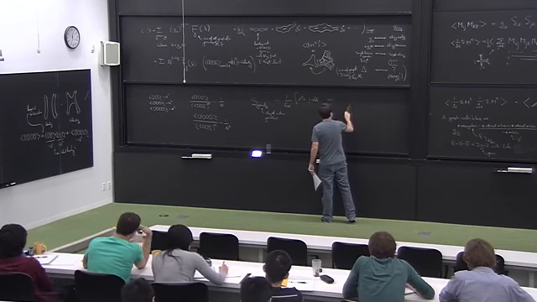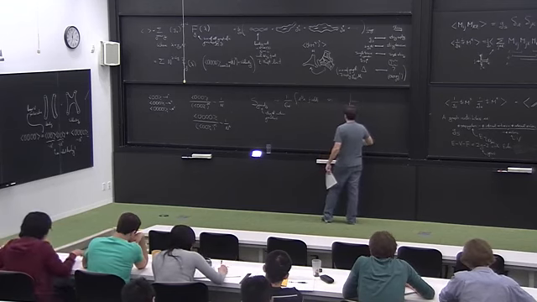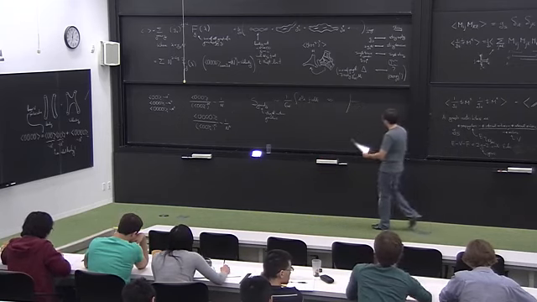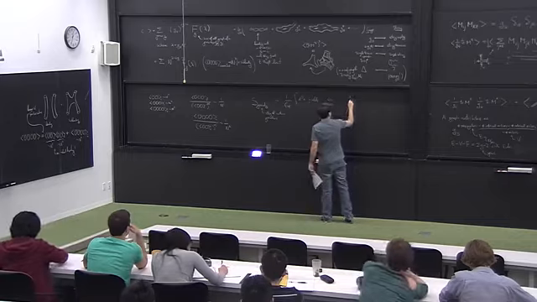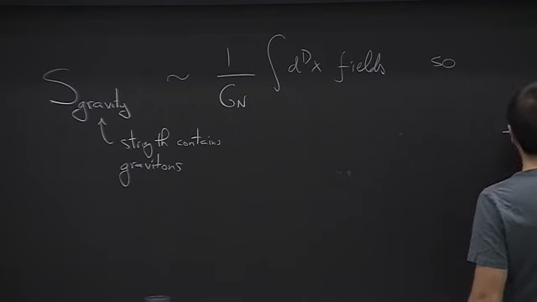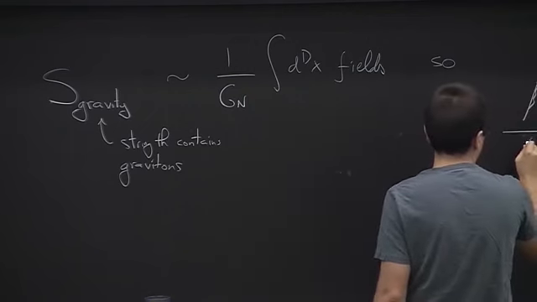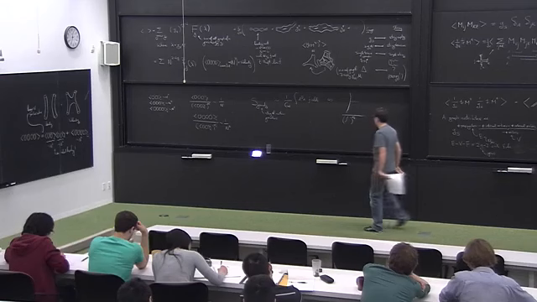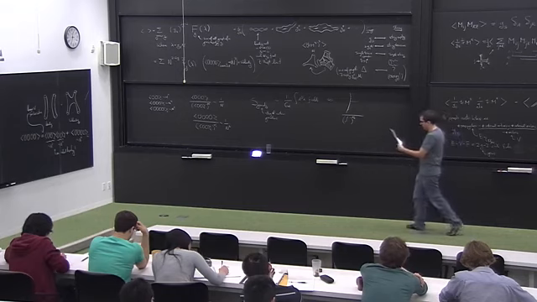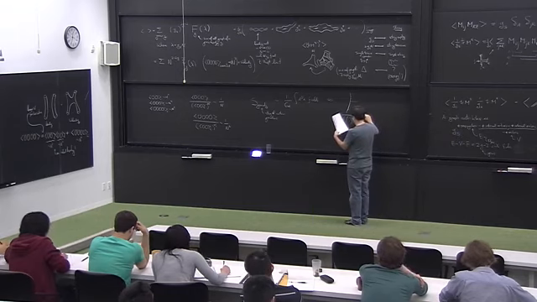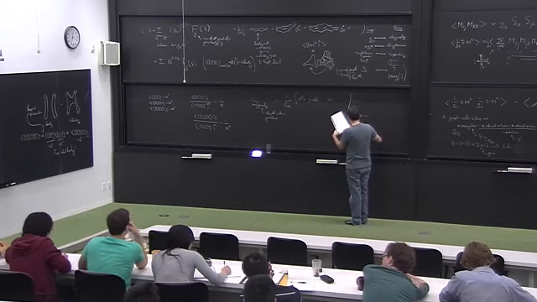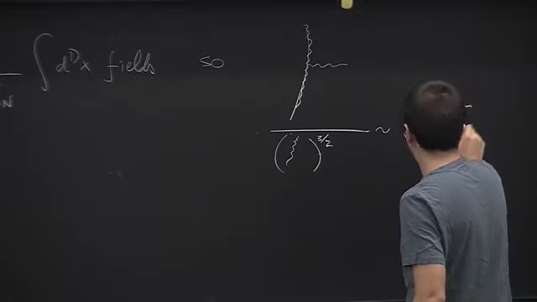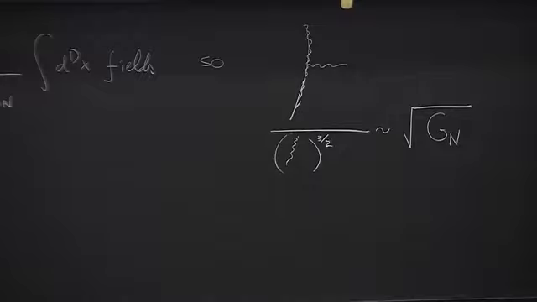If we have some 3-particle interaction, and we divide it by the normalization of the 2-point function to the power 3/2, again to make it physical, we expect this to go as, if you work out exactly the same kind of analysis, square root of g Newton.